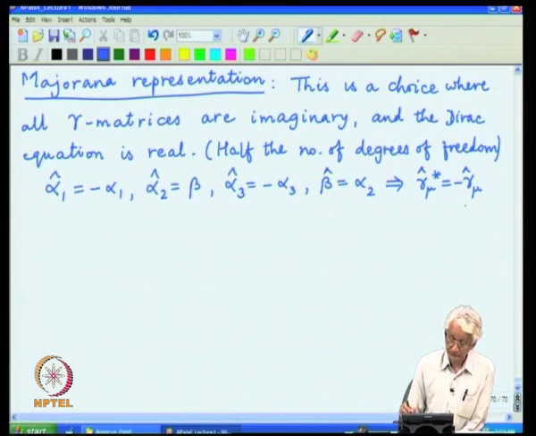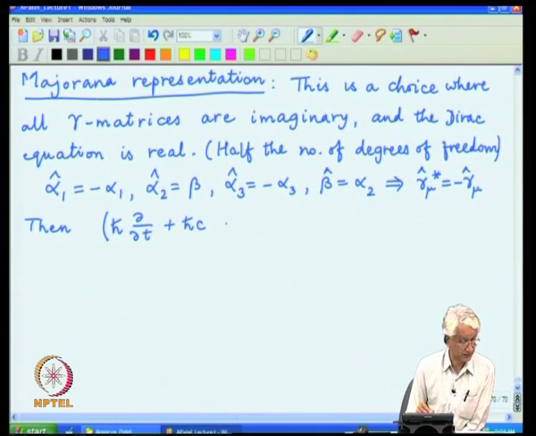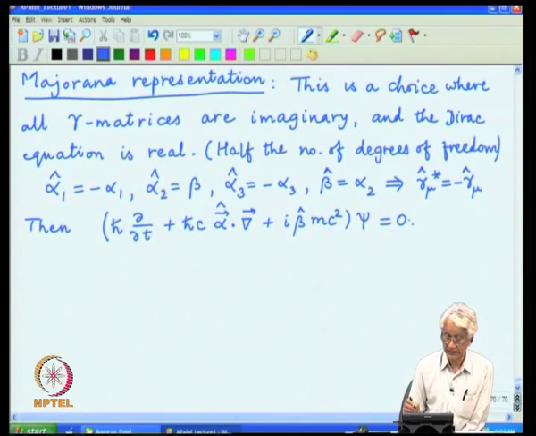And so, one can now use this definition to rewrite the Dirac equation without any complex numbers or the unit I, and that structure looks like h cross del by del t plus h cross c alpha hat dotted with gradient plus I times beta hat m c square psi is equal to 0.